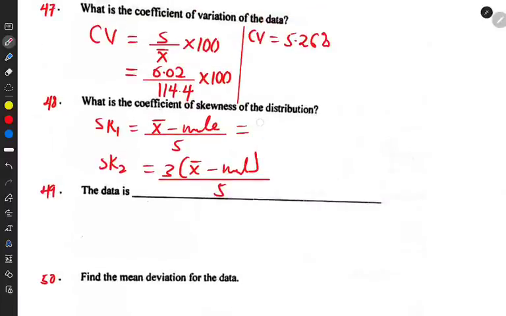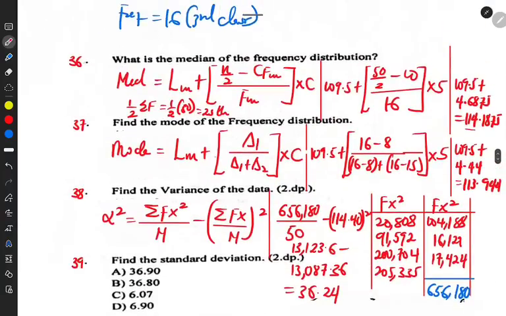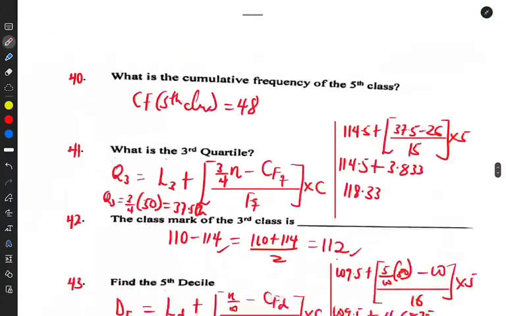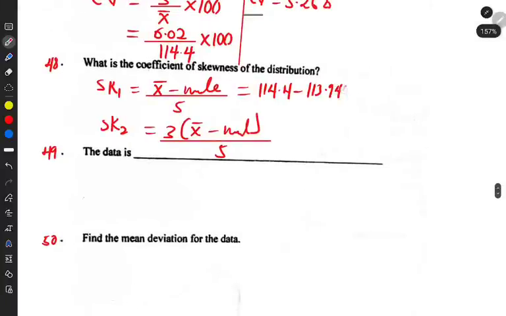So here we have our mean of 114.4 minus the mode figure of 113.944, all divided by the standard deviation of 6.02. And we do the same here too: 3 by the mean of 114.4 minus the median value.